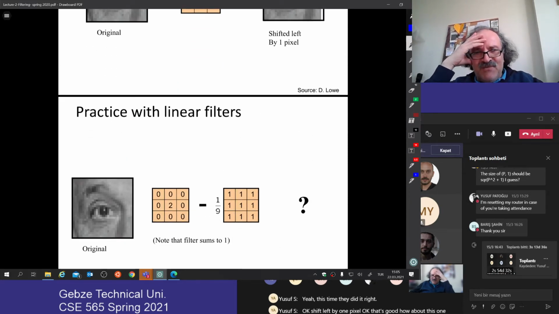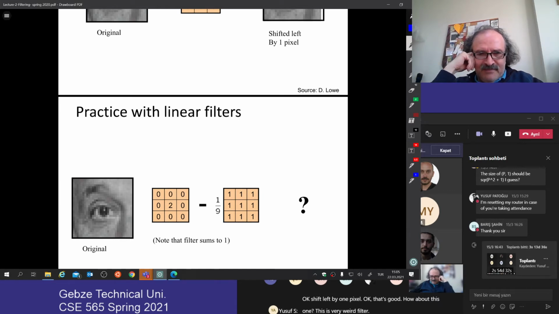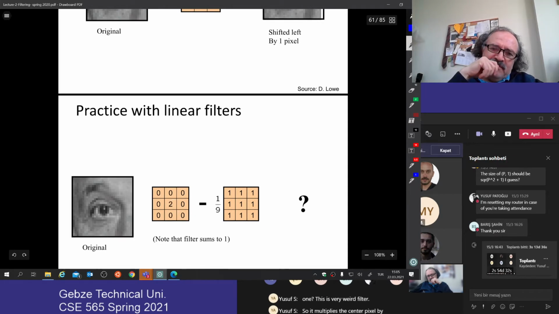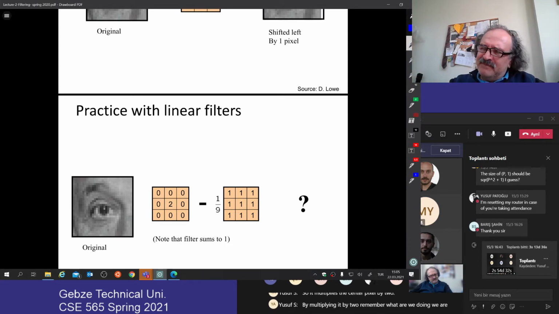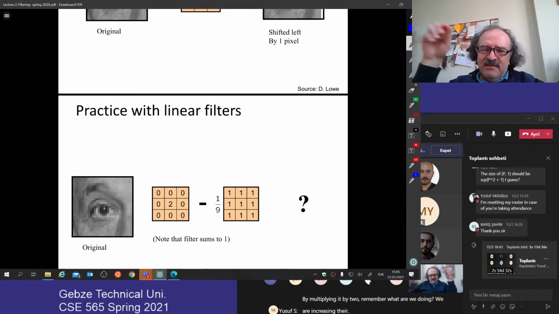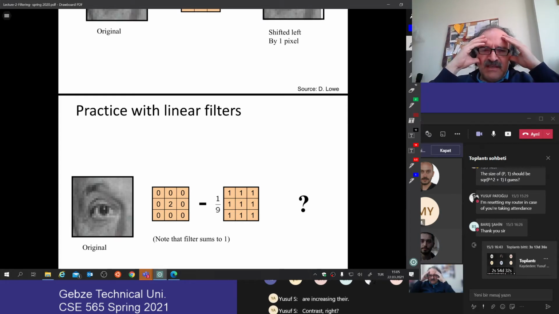That's a very weird filter. So it multiplies the center pixel by 2. By multiplying it by 2, remember what we are doing? We are increasing the contrast, and I take out the average of it.